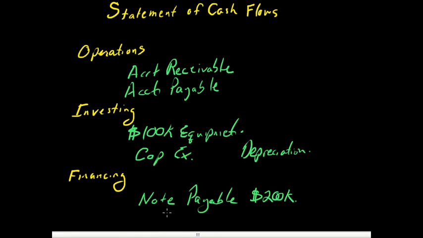Well, that note payable shows that you had a cash inflow into the business of $200,000, but it's not going to show up as income. It would show up on the balance sheet, but again, we get clarification from the cash flow statement of what our actual cash position is.